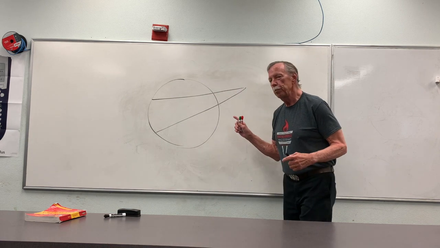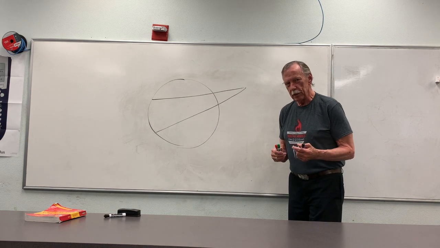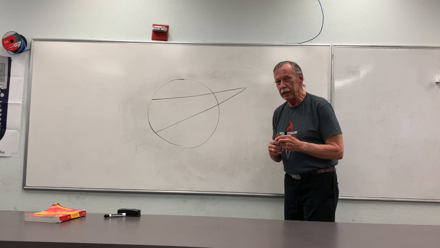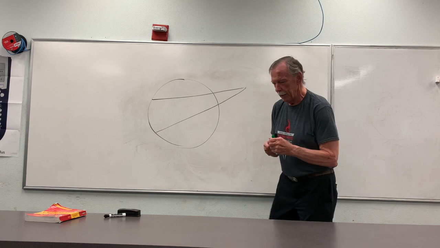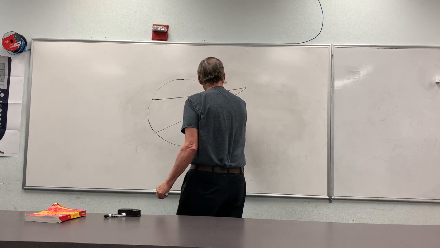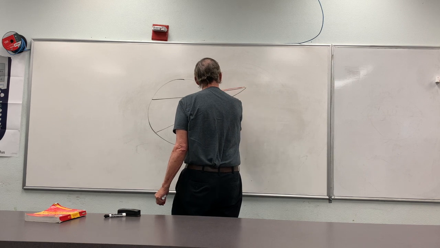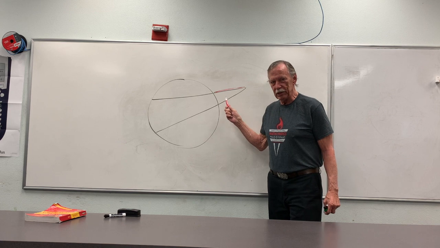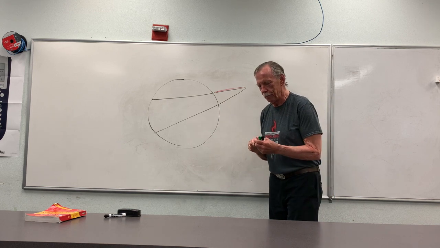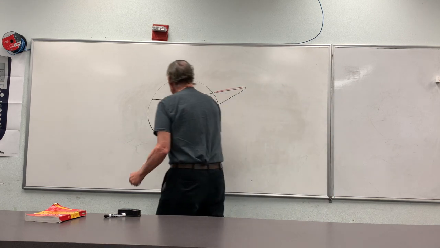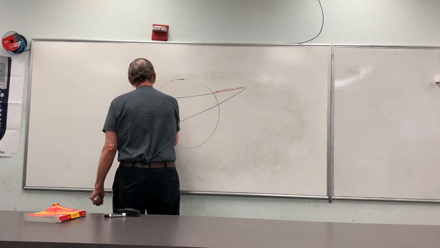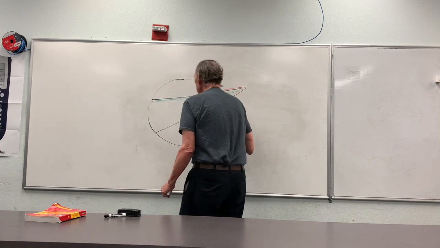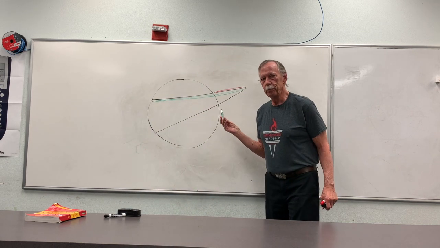In order to compute the lengths and the pieces of lengths, we need to pay attention to only two pieces in each secant. The little piece here outside the circle, and the whole piece.